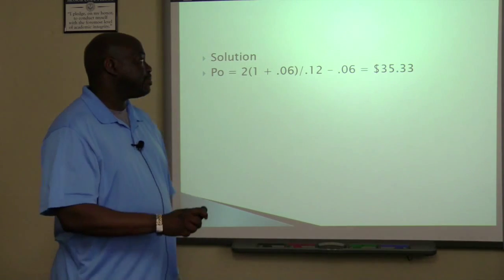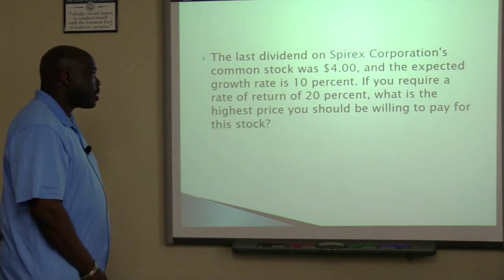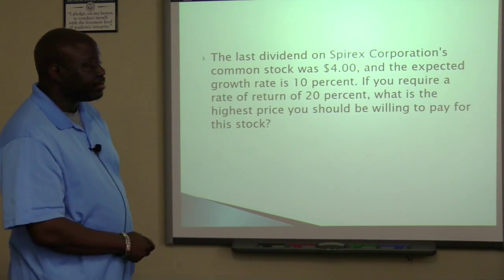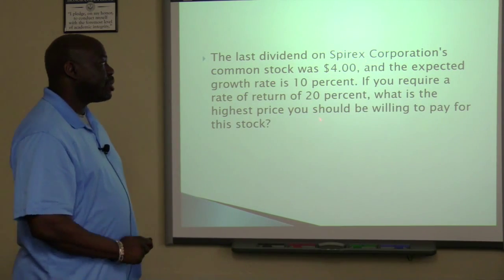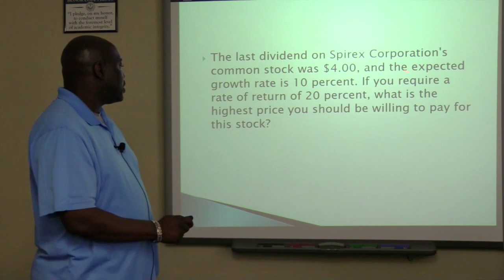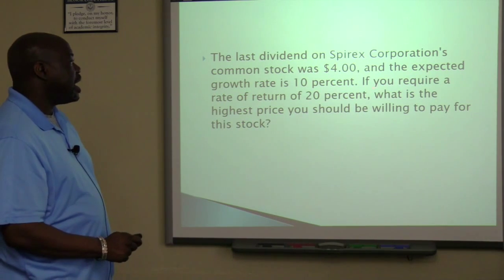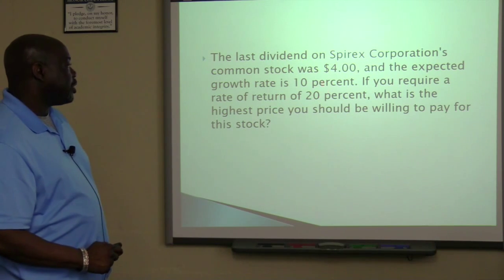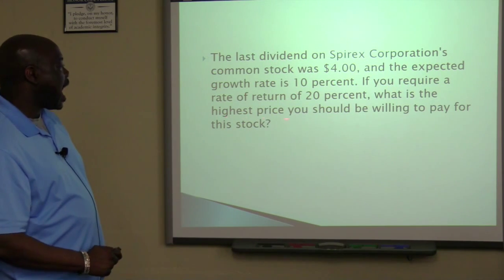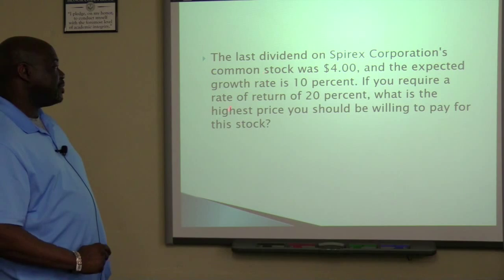Easy peasy. The last dividend on Spirex's Corporation common stock was $4, and the expected growth rate is 10%. If you require a rate of 20%, what is the highest price you should be willing to pay for this stock?